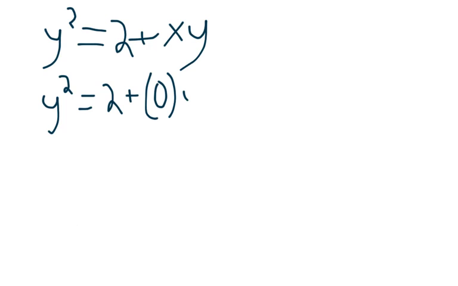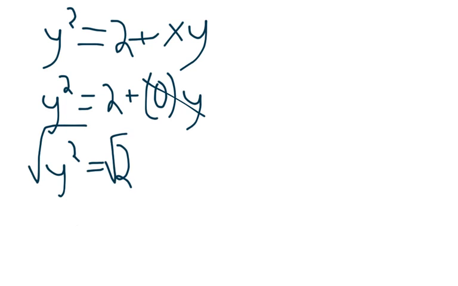And since you're multiplying by 0, the y will cancel out. And so all you're left with is y squared equals 2. And to get y by itself, you square root on both sides in order to cancel out the square. And you'll get y equals plus minus root 2.